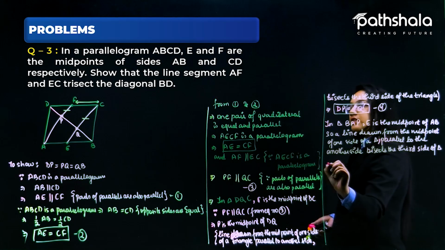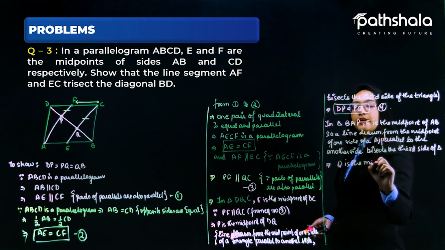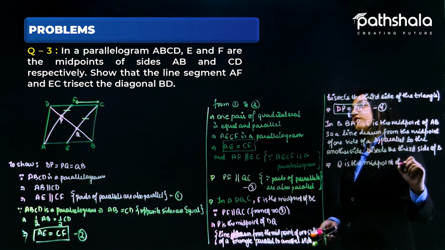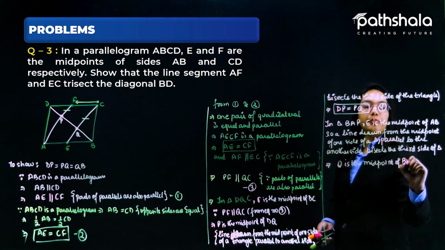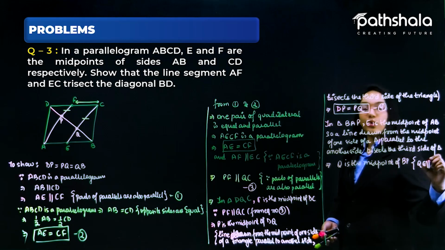Using this concept, we can say that Q is the midpoint of BP, since QE is parallel to AP.